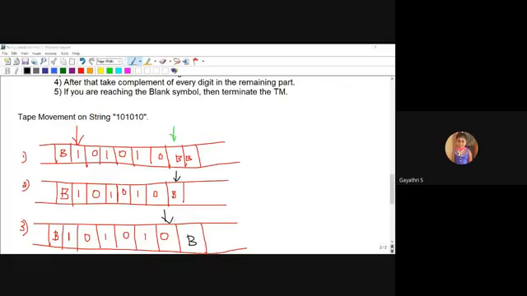Is it clear? Say yes or no. The first step is to scan the string from right to left, so I first move to the rightmost end.